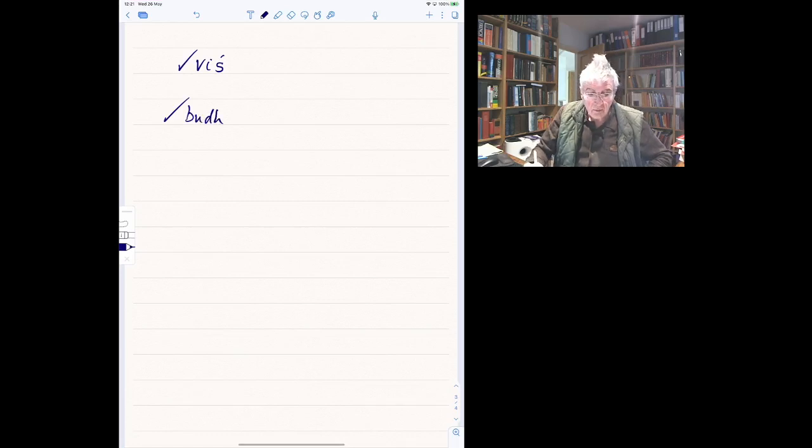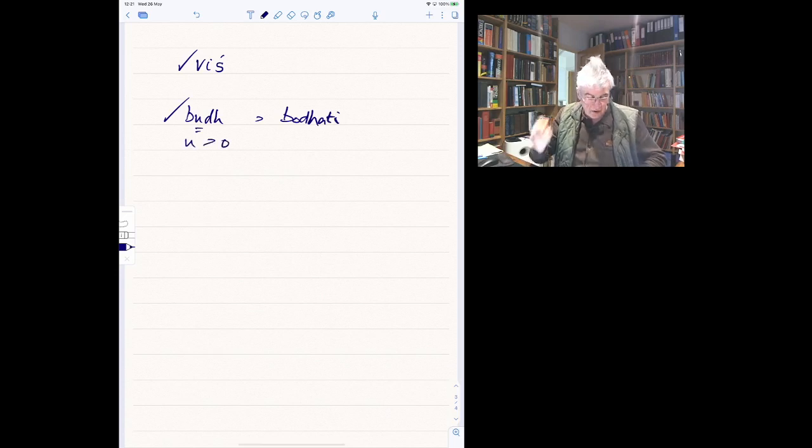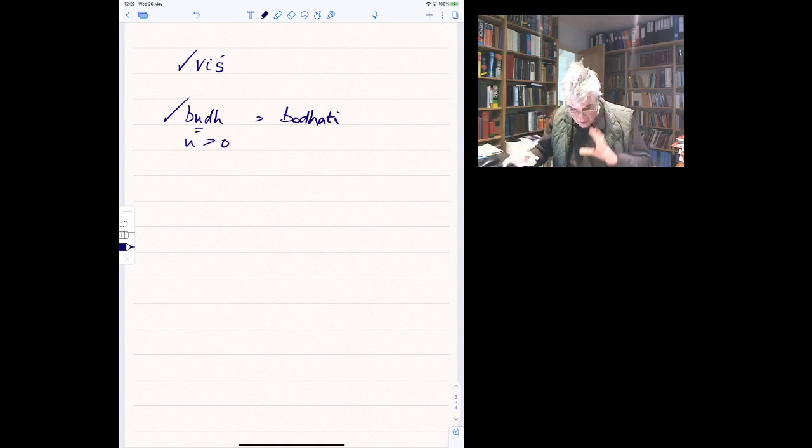Bud, bodhati. This is a phenomenon, the u changing to o, known as guna, just giving it a heavier quality, u, o. We'll deal with that in detail as we go along. And sometimes the i changes to an e as well. And that actually happened because of a difference in stress in the Old Vedic and the Sanskrit, because in the first class of verb, the stress is on the root syllable.